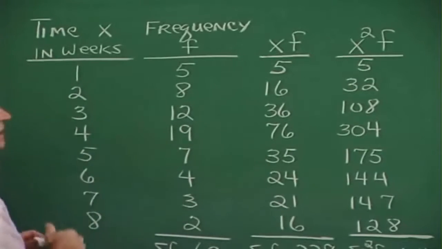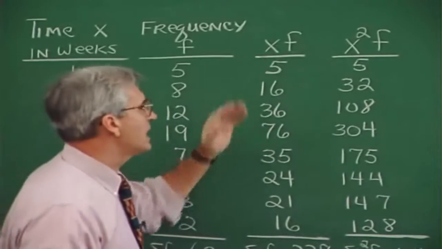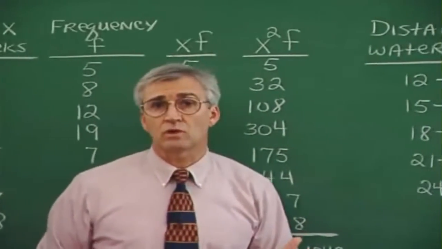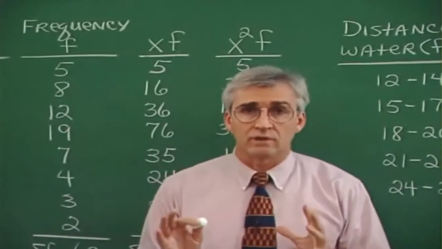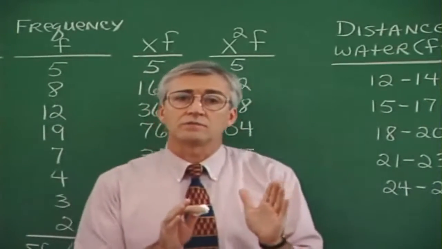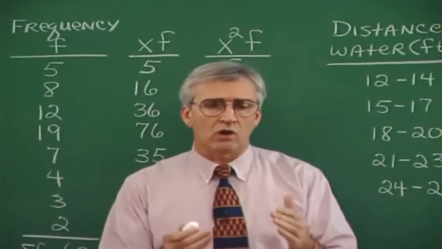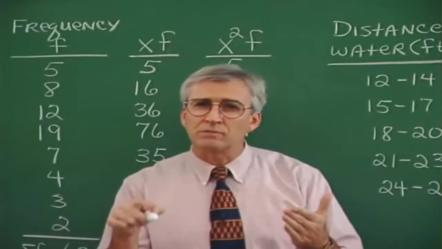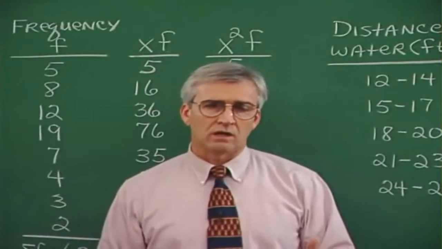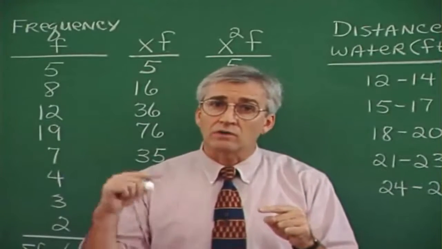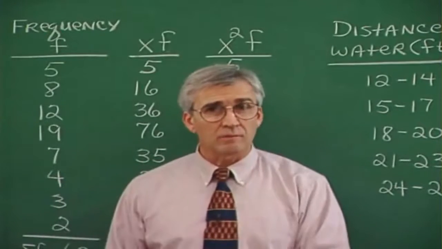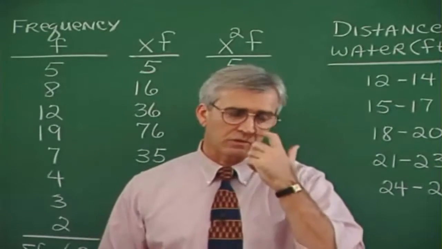Now, we're assuming here with these columns that we are using one of the shortcut formulas. If we're using kind of the long way of doing this, we can make columns involving the x minus x bar business. And we can talk about x minus x bar squared, and the sum of those squared differences and so on.